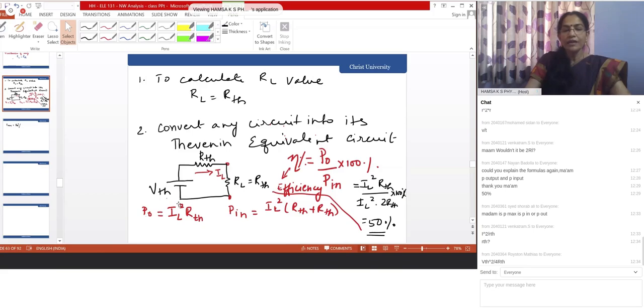You can substitute the value for IL because VTH is known. VTH squared divided by 4 RTH. Are you getting that?